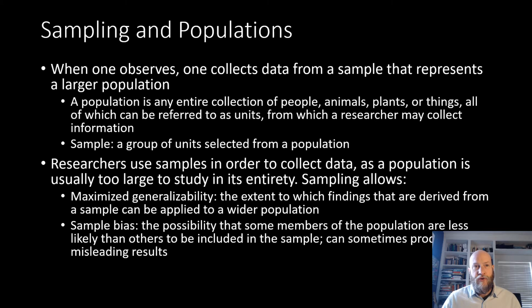If I go out and do a random sample of people in Blacksburg, and I'm interested in something about gender, by random chance I could end up with predominantly people that identify as male or predominantly people that identify as female. And as a result, if I'm interested in that variable especially, but even if I'm not specifically looking at it, it could bias the outcome in some way, especially if that outcome is also somehow interrelated with the concept of gender. So you want your sample to be representative as much as possible.